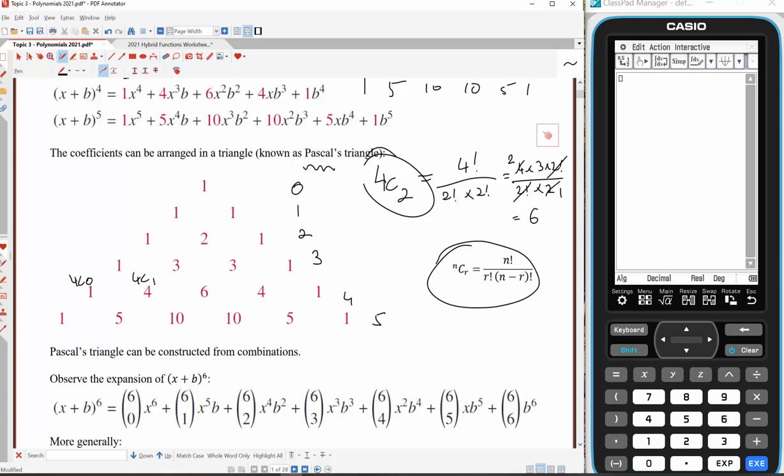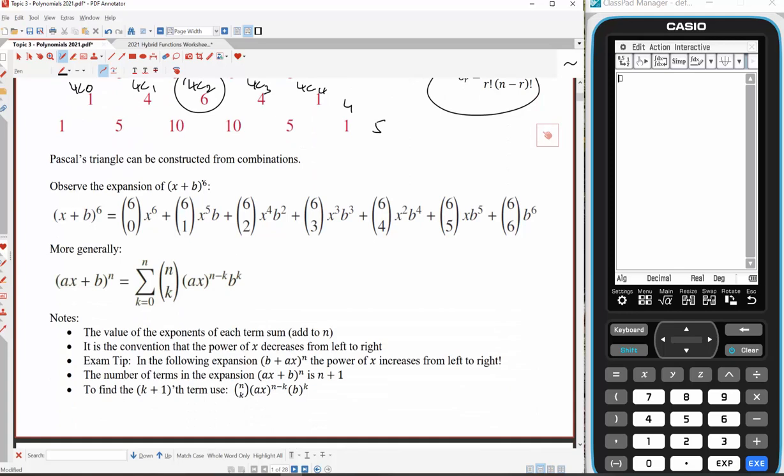This one will be 4 choose 1. 4 choose 2, that's the one that we just found out, is 6. 4 choose 3. 4 choose 4. So what Pascal's Triangle will do is help us evaluate some combinations. Many students used this Pascal's Triangle to help them evaluate a combinations question on the 3-4 exam 1 last year. So it was certainly interesting to note that.